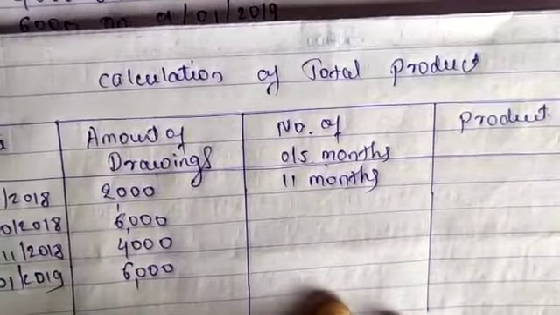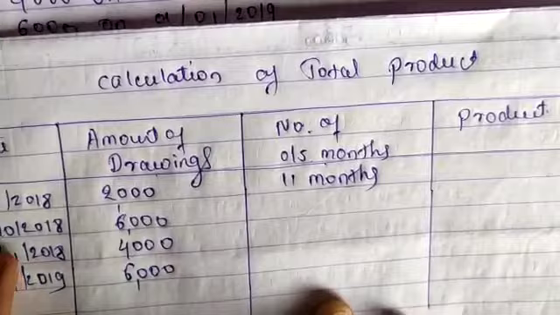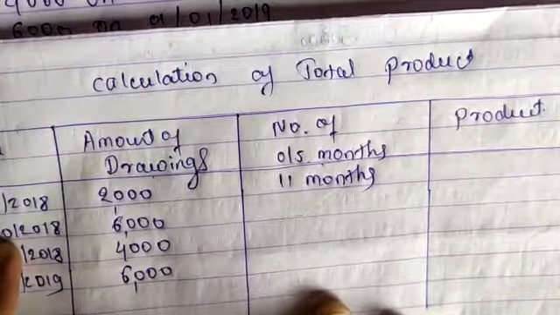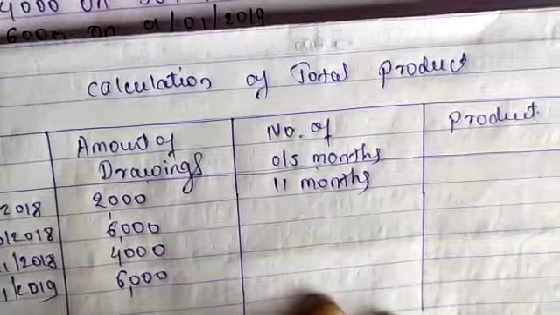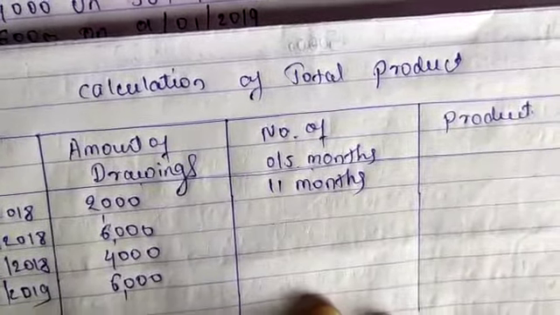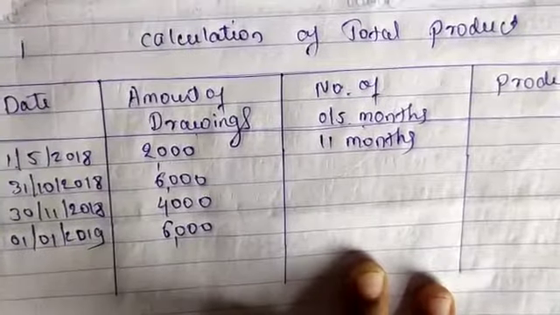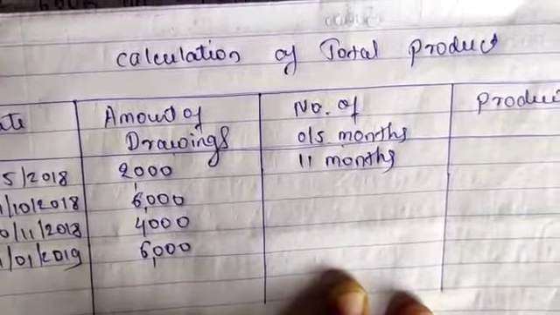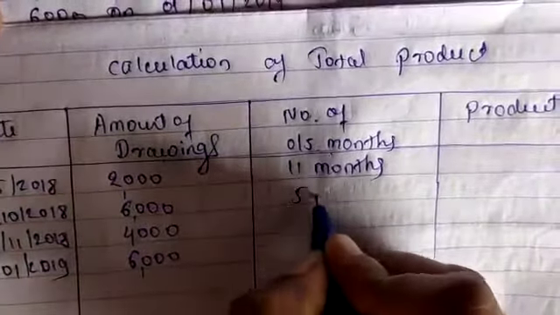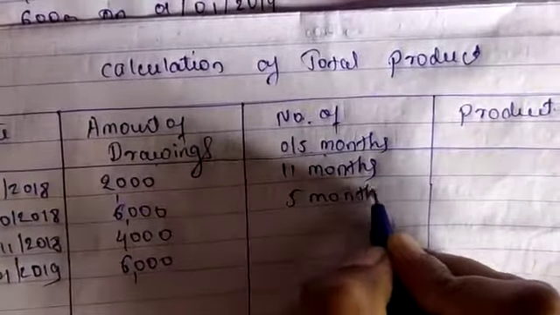You should consider the immediate next month, November. From the month of November you should calculate the months till March 31st. So November, December, January, February, March. Here 5 months are outstanding months.